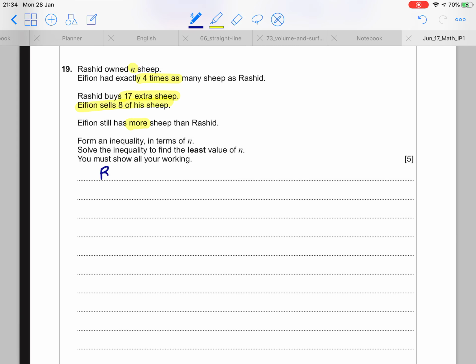Okay. So Rashid, to start off with, had N sheep. And then he buys an extra 17. So Rashid has N plus 17. Ivion started off life with 4 times as many sheep, but then he sells 8.